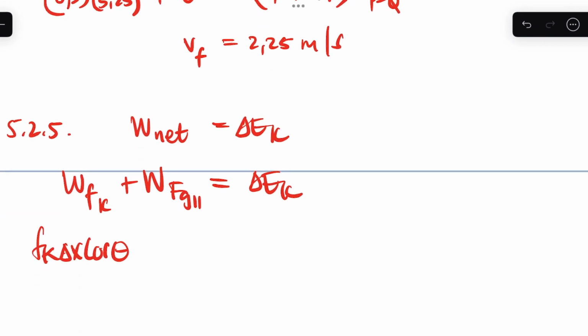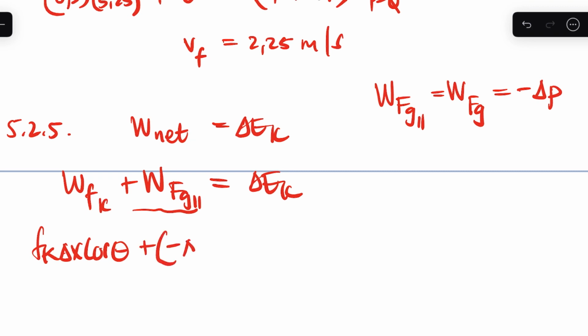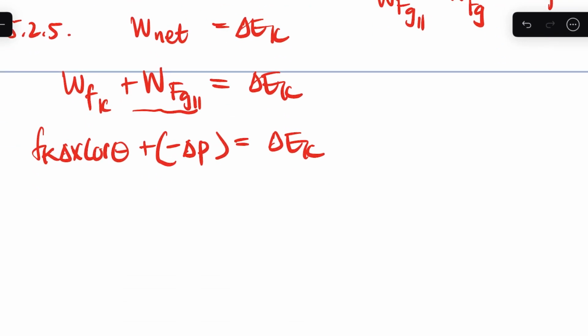So now we can substitute here. Remember, guys, the work done by a gravitational force, which is FG parallel, is equal to the negative change in gravitational potential energy. So here we can just substitute by the negative change in gravitational potential energy, equal to change in EK, right?